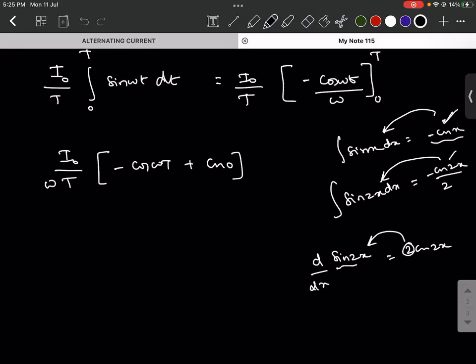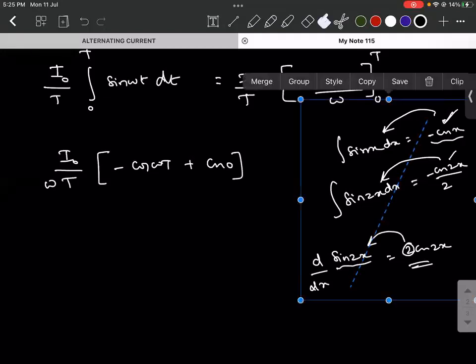When you're differentiating a function, this is called a composition of functions, and you get the chain rule. So you get 2 cos 2x, which means the factor inside the argument gets multiplied, whereas when you're integrating, it gets divided. That is the simplest way to remember. Nitish, I hope I answered your question. Yes, sir.